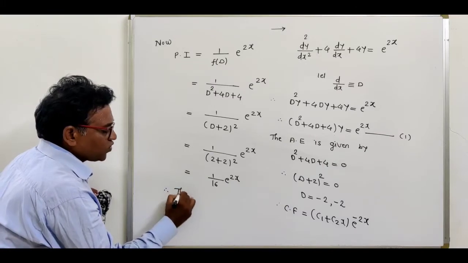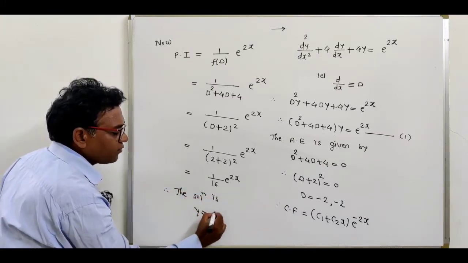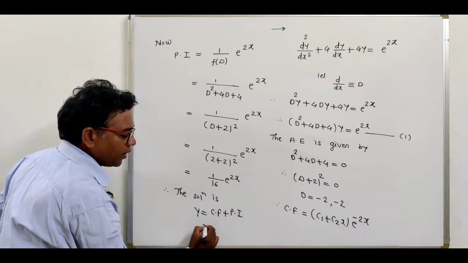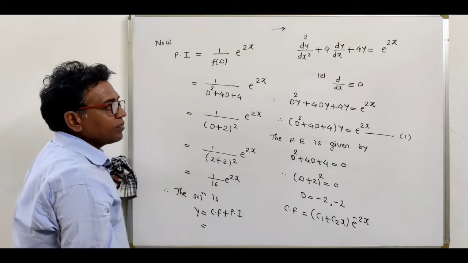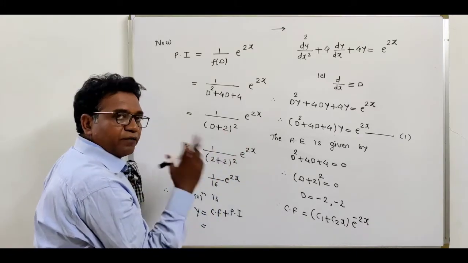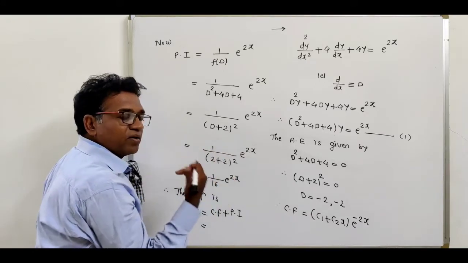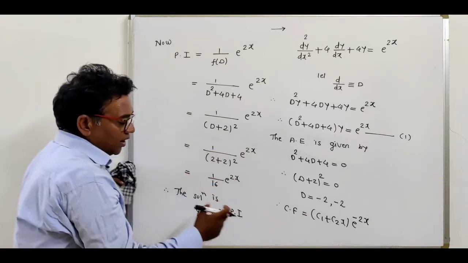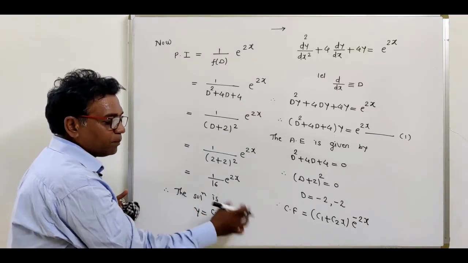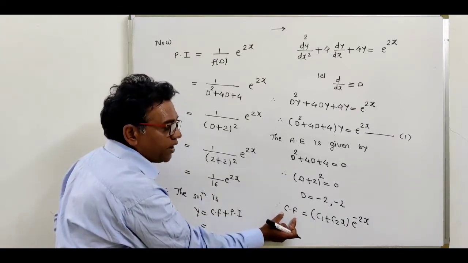Therefore, the solution is y is equal to complementary function plus particular integral. So see, if we are given a linear differential equation with constant coefficient, then how to find its general solution? Its general solution is given by complementary function plus particular integral. How to find the complementary function?